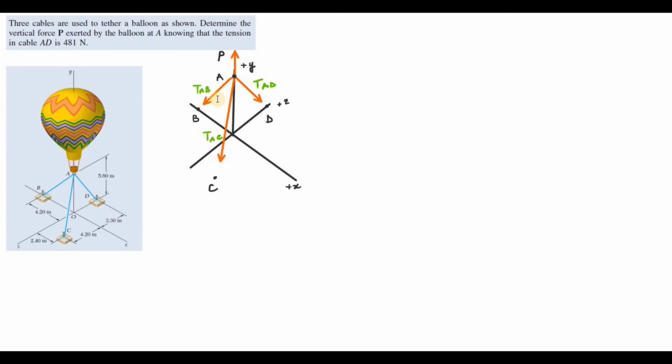Next, we need to find the vectors AB, AC, and AD, along with their magnitudes. So this will give us, from A to B, minus 4.2i, minus 5.6j.